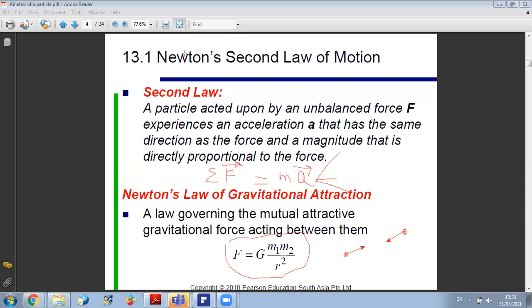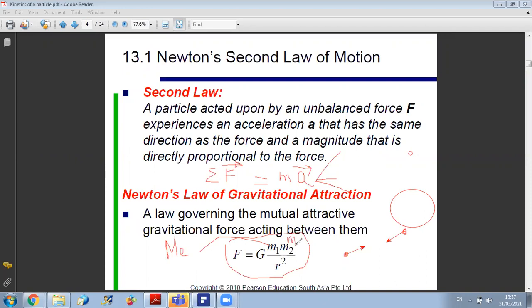And one dominant example that we use a lot is which force? The weight, because the weight represents the attraction between what and what, between the earth and a particle. So if you apply this relation between the earth and any particle, then you will replace, let's say, m1 by the mass of the earth. m2 will be the mass of the particle, here, let's say m.